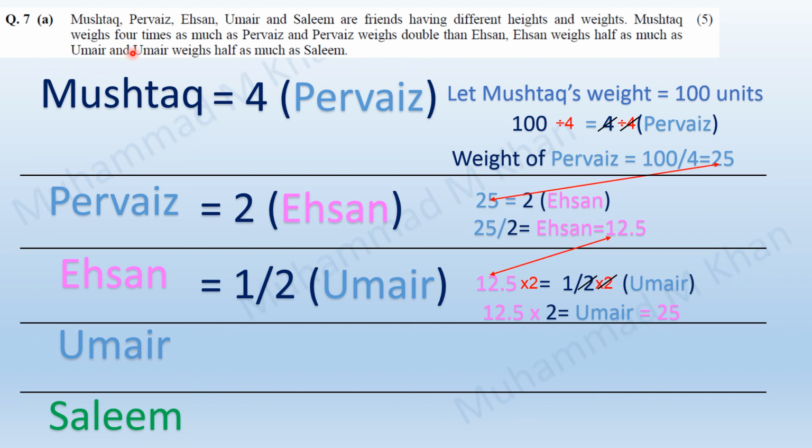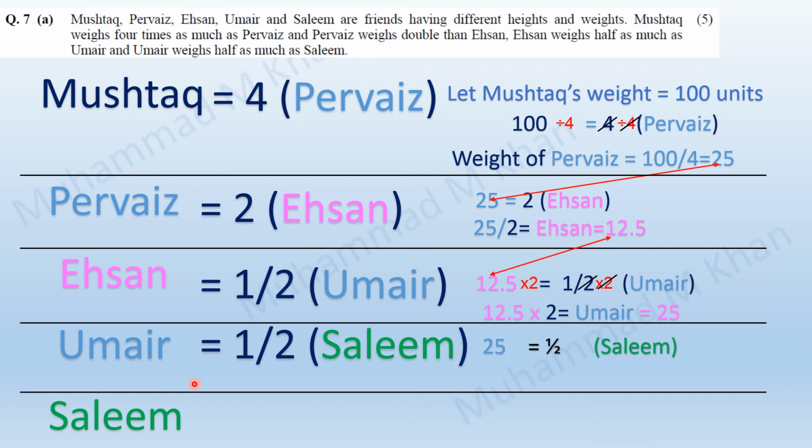Now it has been given in the question that Umair weighs half as much as Salim. So again a similar equation: the weight of Umair will be equal to half the weight of Salim. Now substituting the weight of Umair in this equation, 25 will be equal to half the weight of Salim, and multiplying both sides by 2, the weight of Salim will become 25 into 2, which is 50.